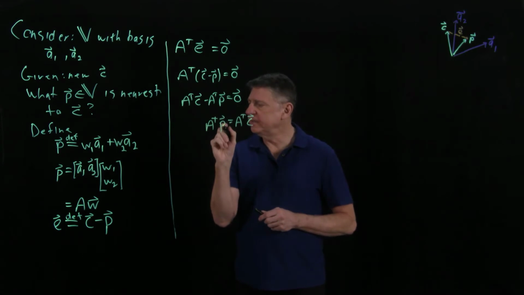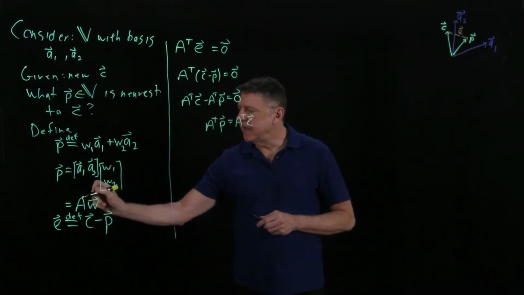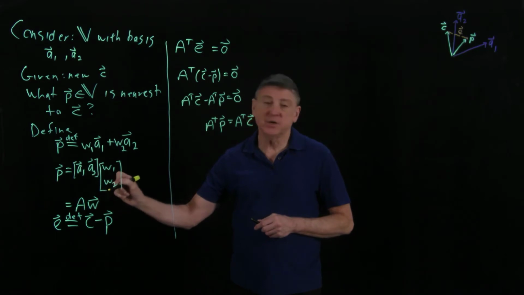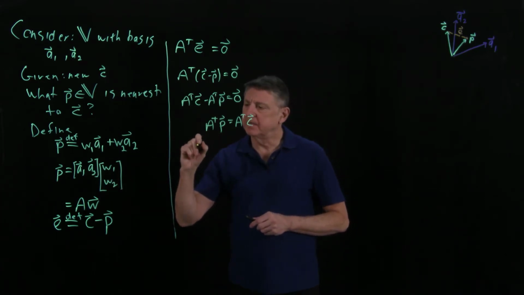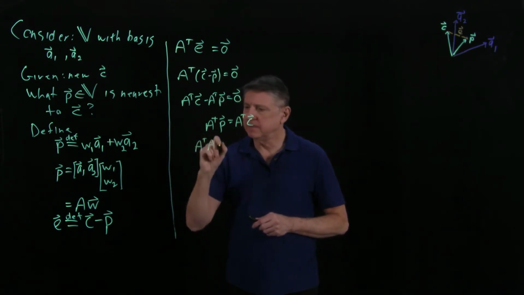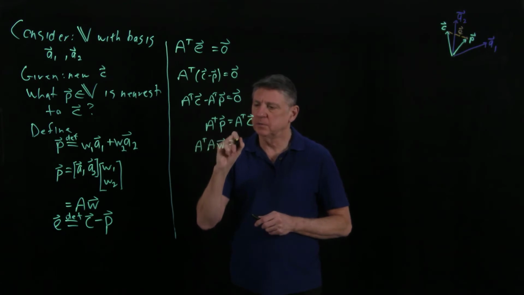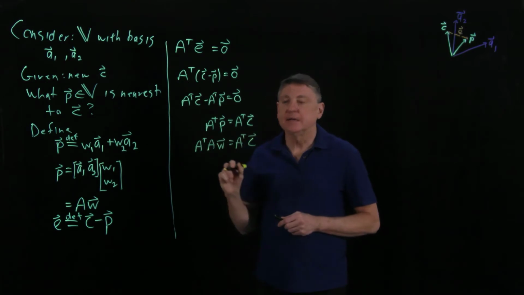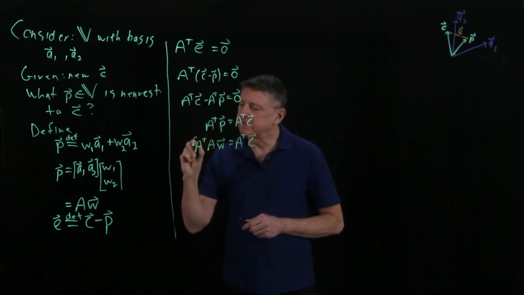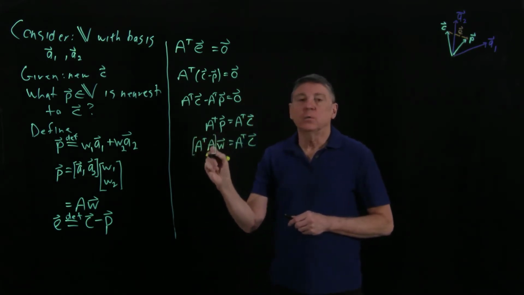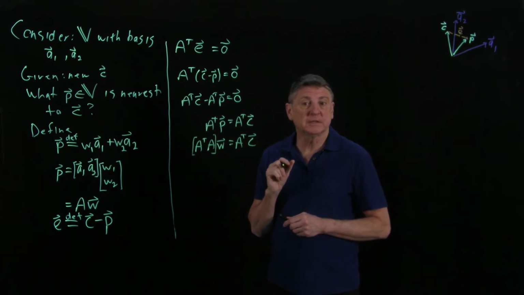And what is P? Well, I previously derived P as being the product of the matrix formed from the basis vectors and the unknown weight vector. And that implies that A transpose times A times W equals A transpose times C. And if we bracket this known matrix, the question is, can we solve this linear equation?